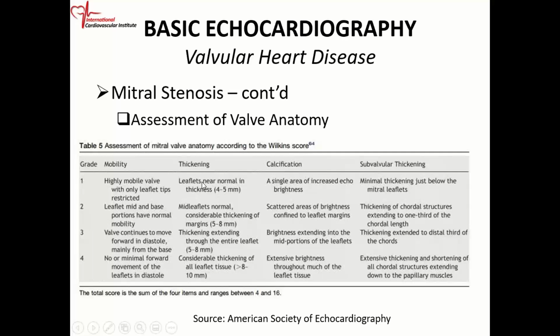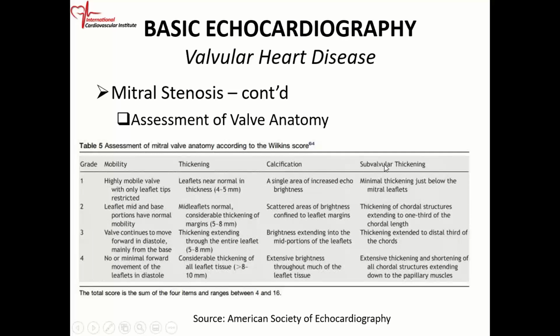If the valve is close to being normal, then you get a score of 1. If they're very thickened, greater than 8 to 10 millimeters, then you get a score of 4. Then you look at calcification of the valve itself: just a small area of calcification, 1. If you have extensive calcification, 4.